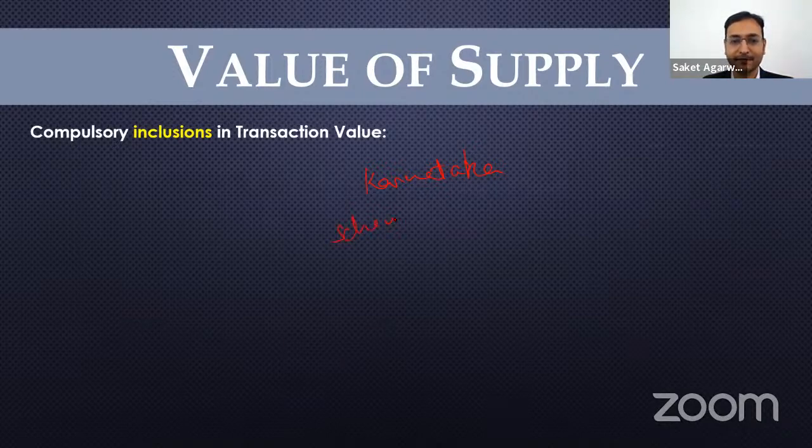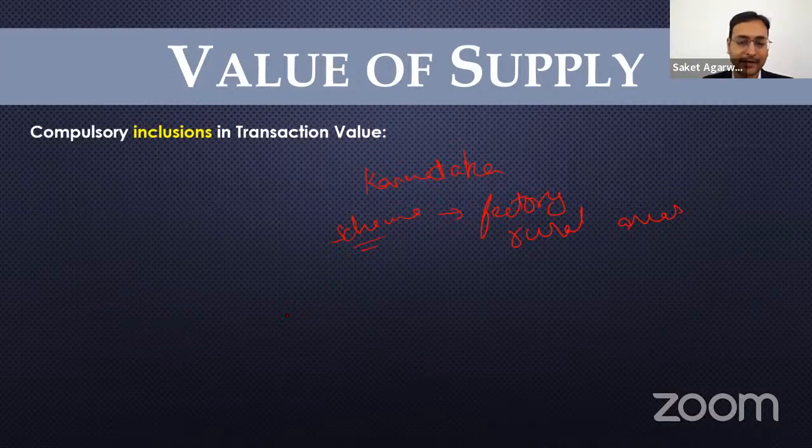There is a scheme saying that if you set up a factory in rural areas, then whatever is your selling price, we want that price to be reduced, and whatever reduction you are doing, we are going to pay that much money to you. Imagine, okay, let's take the name of a government. Karnataka government has come out with this scheme. Okay, they are saying you set up a factory in the rural area.